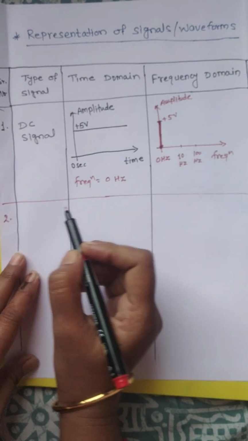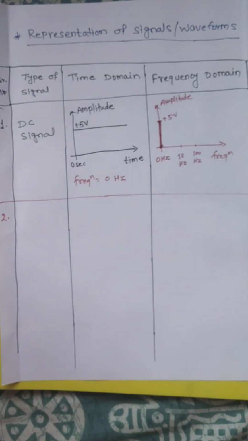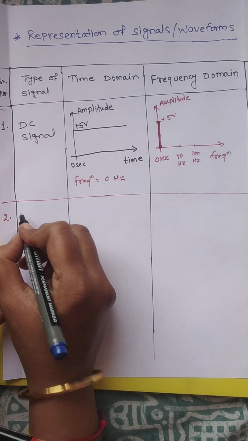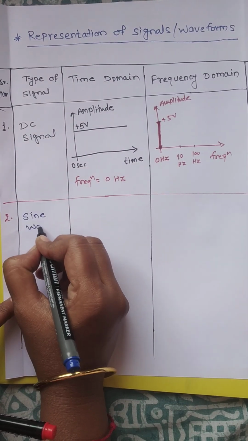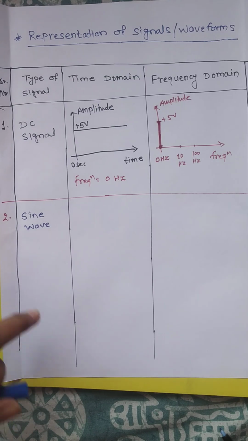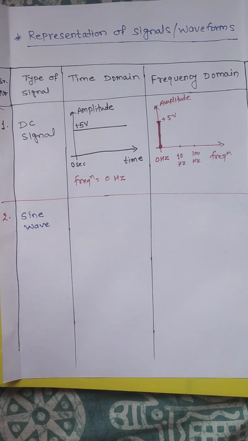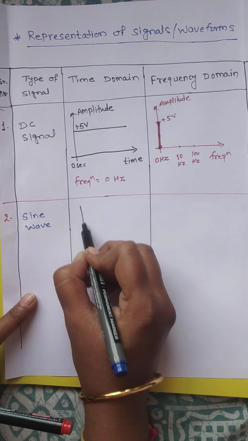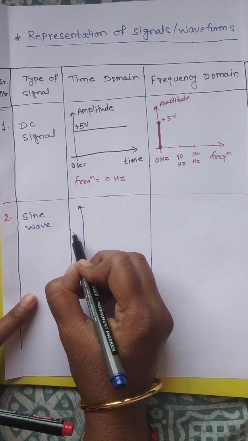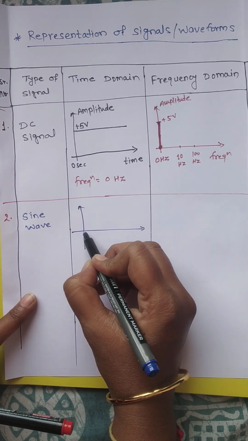Let us take our second signal, that is sine wave or sinusoidal wave, which comes under AC signals. Okay. We all know how sine wave looks and we are always representing that sine wave in the time domain.